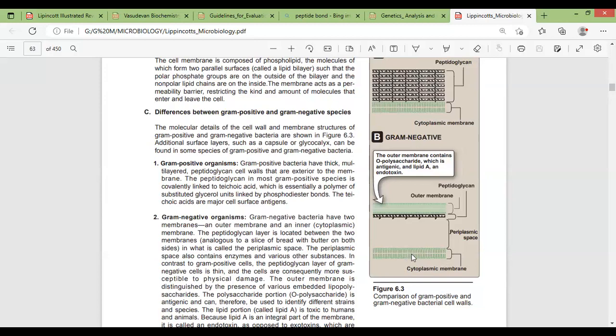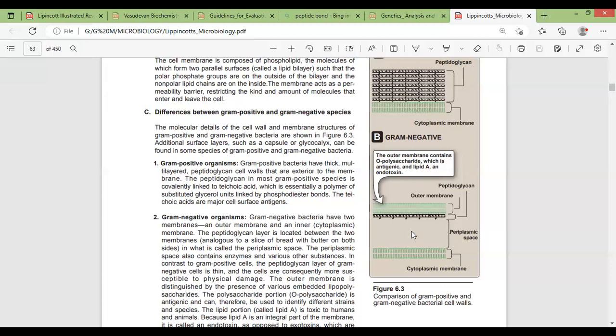It's because the gram-negative organisms secrete enzymes into this periplasmic space. These enzymes break down the antibiotic before it even reaches the cell itself, right? So this periplasmic space really plays a huge role.